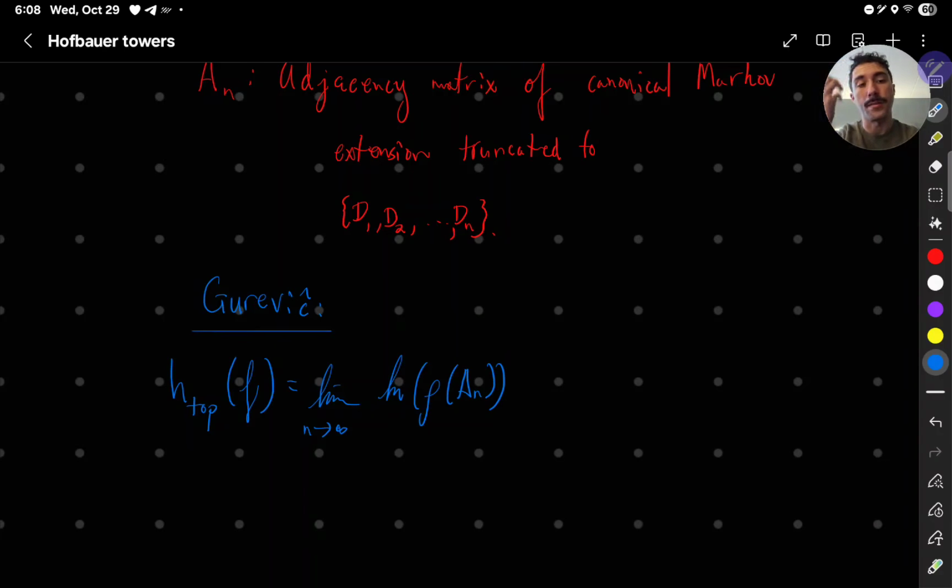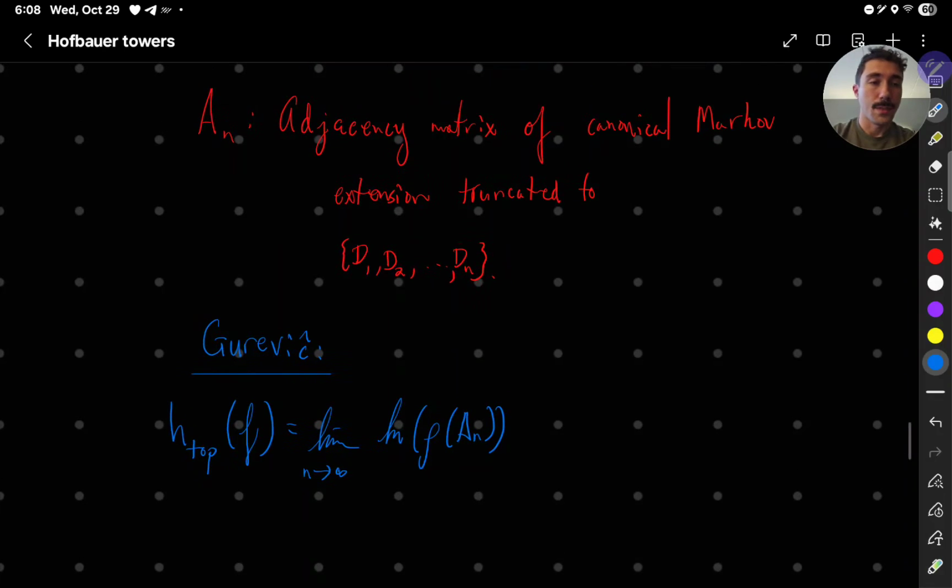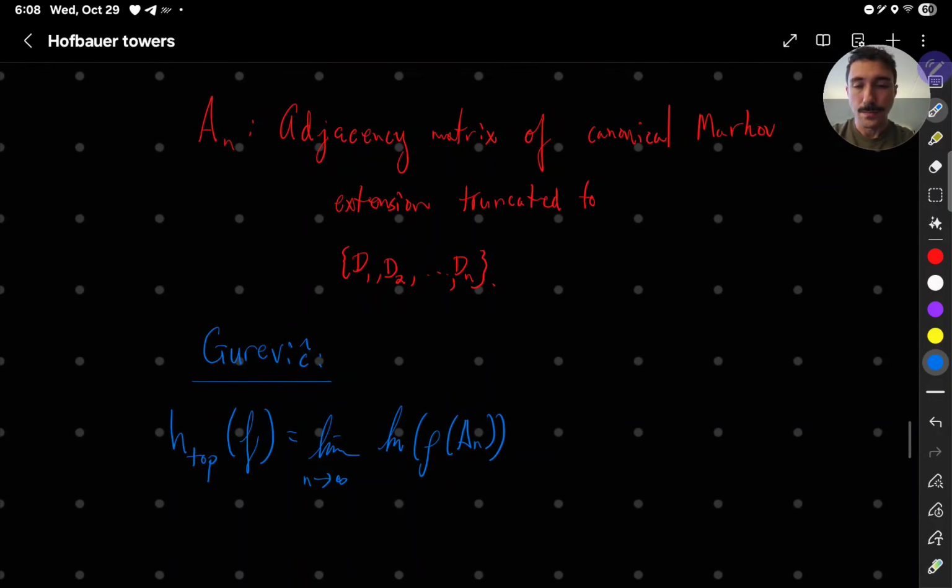So the same thing we had by Gurevich and Slink works for these canonical Markov extensions.